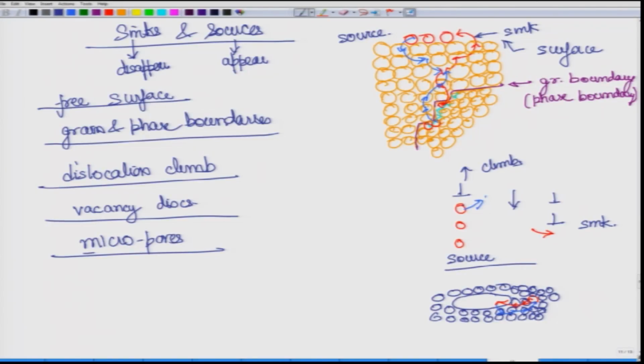So, now we have looked at the various places from where vacancies may appear and where they may disappear. Now, let us look at another aspect with respect to vacancies, which is concentration measurement of vacancies.